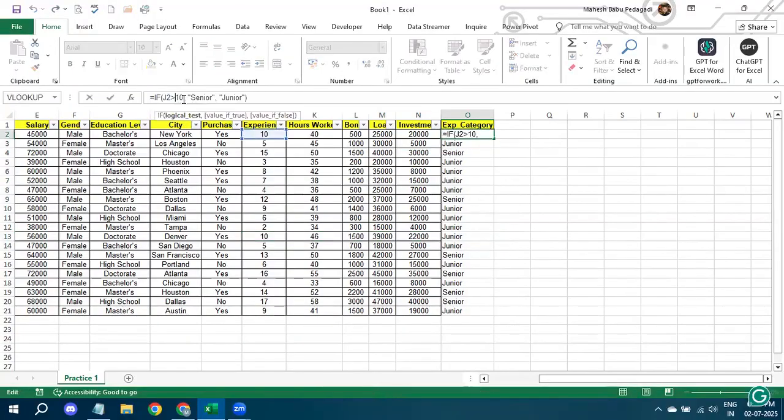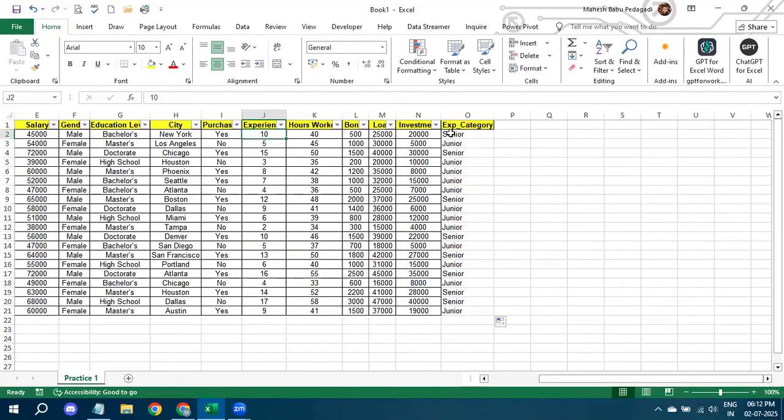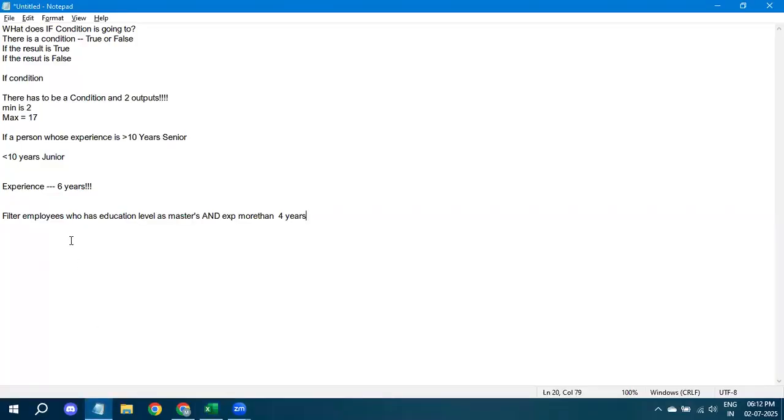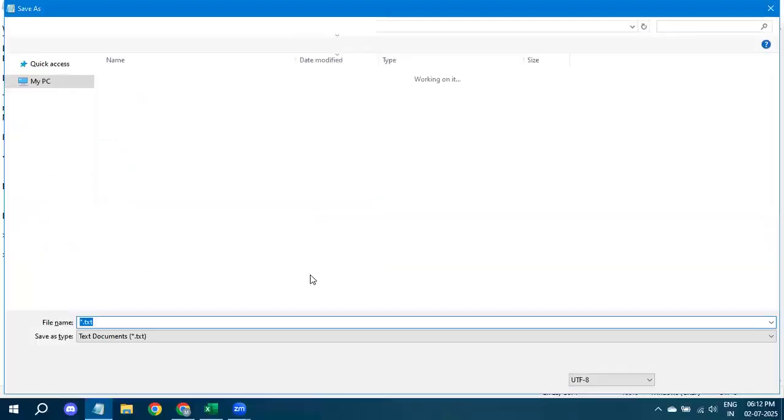If we mention greater than or equal to, see the difference. Greater than 10 means till 9 only. Greater than or equal to 10 means till 10 only. Clear? Is the if condition clear?